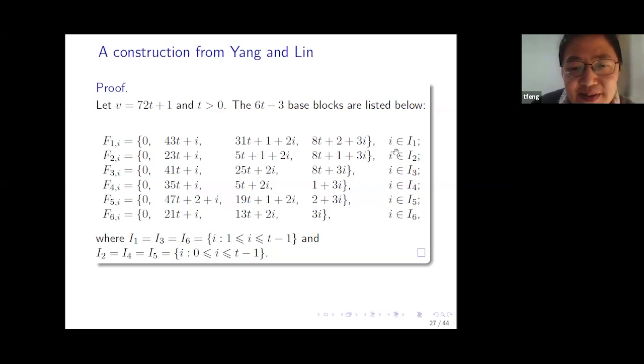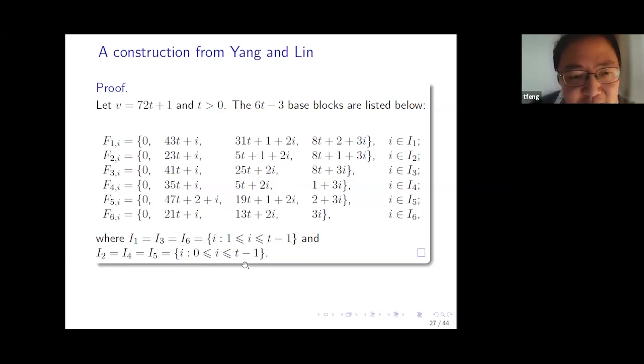Here, the capital I1, I3, and I6 consist of elements ranging from 1 to t minus 1, and I2, I4, and I5 consist of all the elements from 0 to t minus 1.